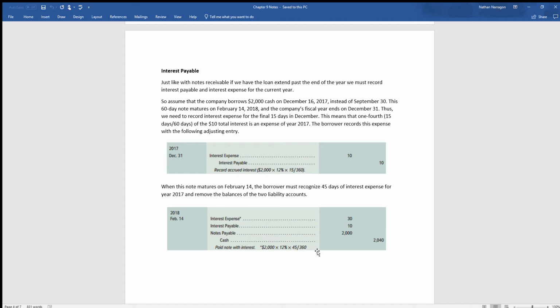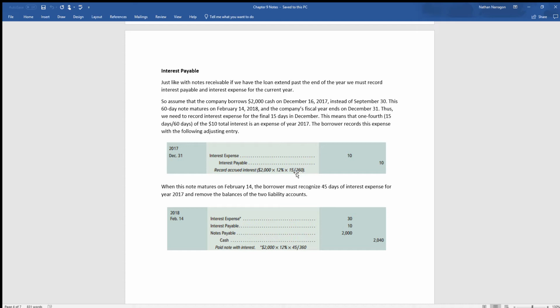So here we go. We have to record the 15 days in December that we actually have the note and interest that's been building onto it. So we take 15 and divide it by 360, basically the number of days, then times the 12%, and times the $2,000 principal.